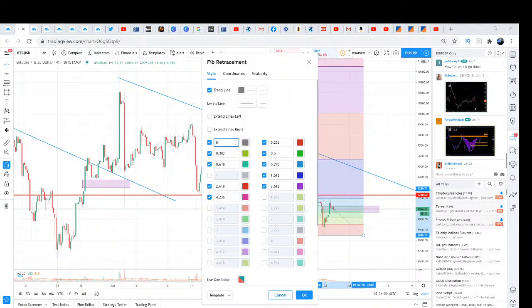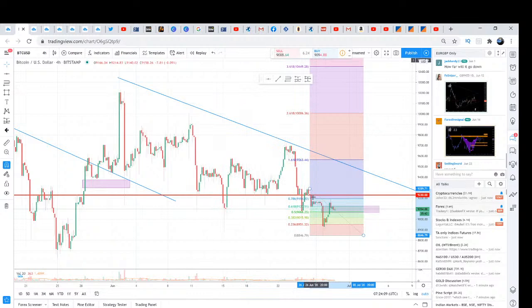So right now, looking at the Bitcoin chart. Oh man, computer's loading slow. Bear with me.